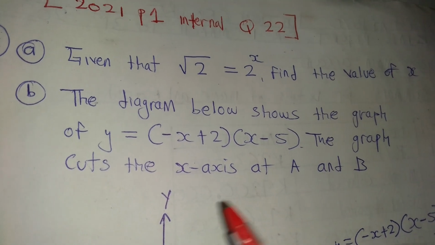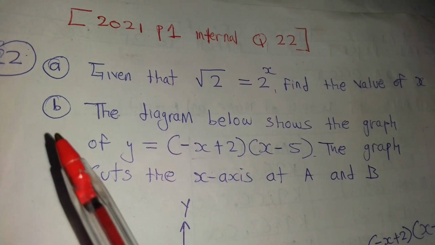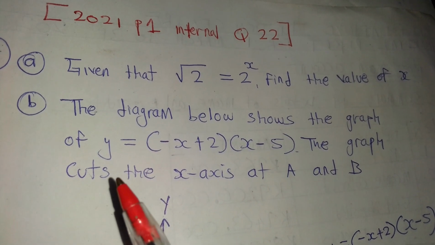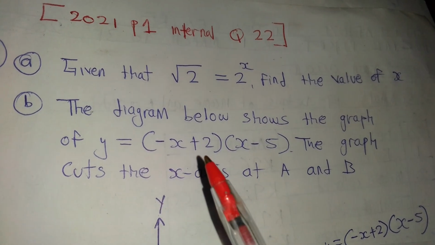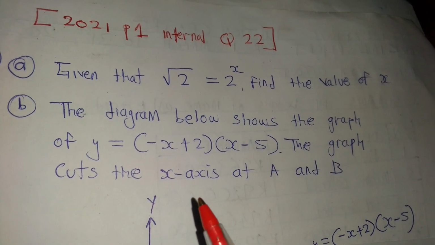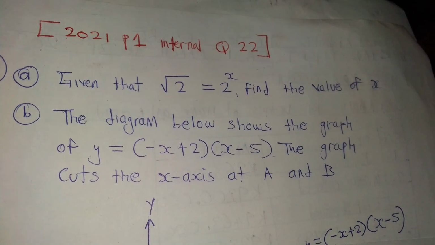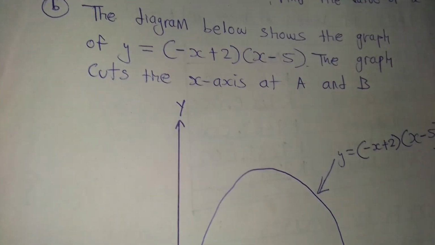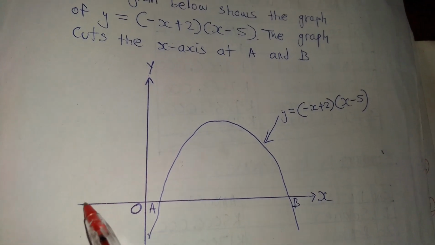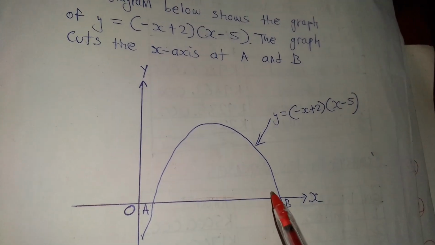Ladies and gentlemen, now we are going to solve question 22B. The diagram below shows the graph of y equals negative x plus 2, x minus 5. The graph cuts the x-axis at A and B. Now here there is a certain knowledge that you have to understand. So this line, it is the x-axis.